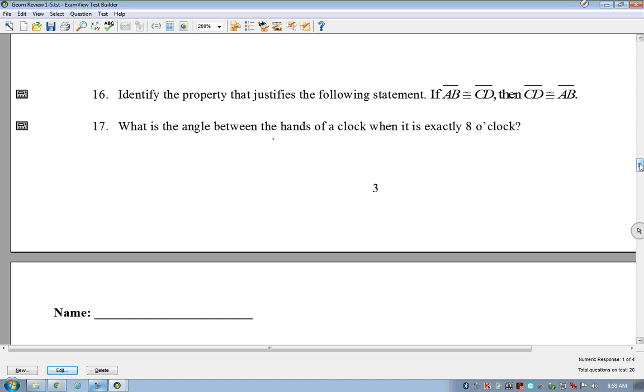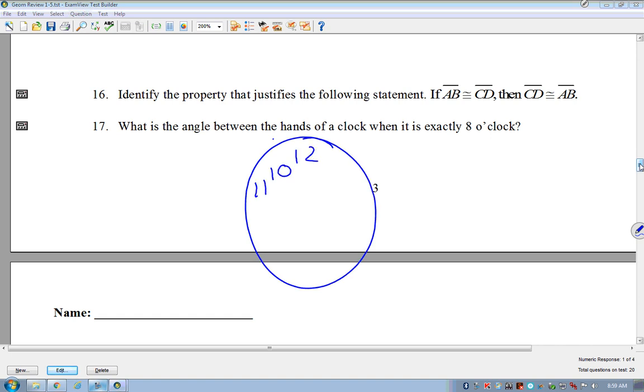Yeah. What is the angle of the hands of the clock when it's exactly 8 o'clock? So go back to your clock. Well, we're on the other side now, though. Oh, gosh, I didn't even do that right. So you got 11, 10, 9's at 90, but now we're at 8.